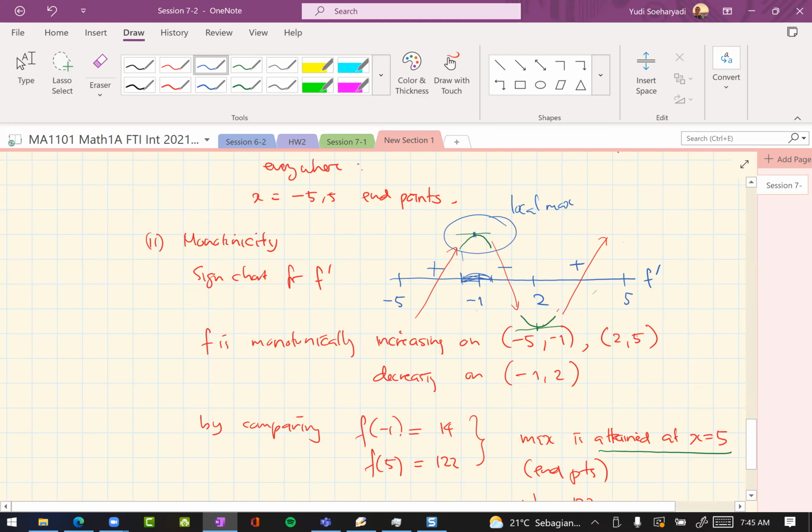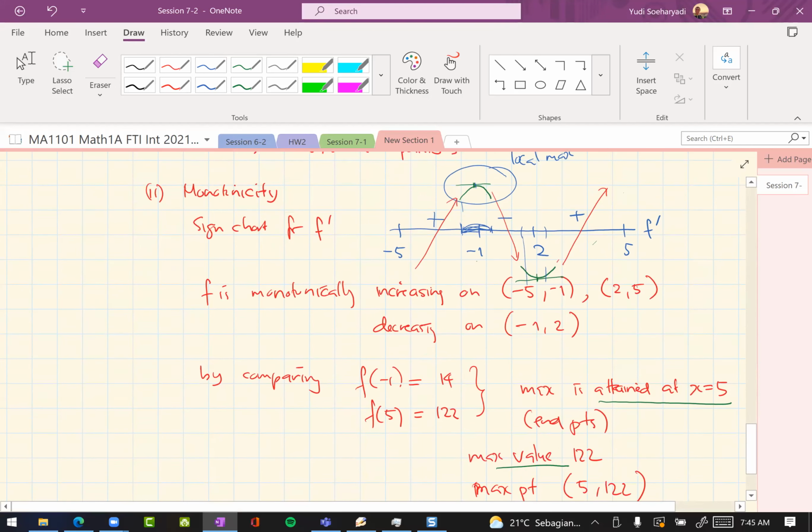And this one also we call local min, because this is the lowest on this interval. All right. So you can say, well, this is a champion from a village or something, and this is the champion for the whole world. Okay, so this one we call local max, local min, and global max.